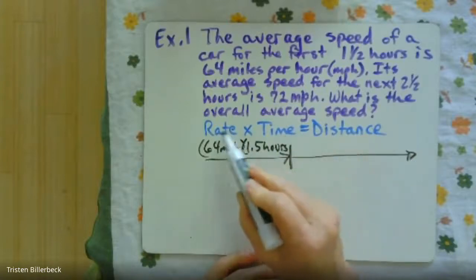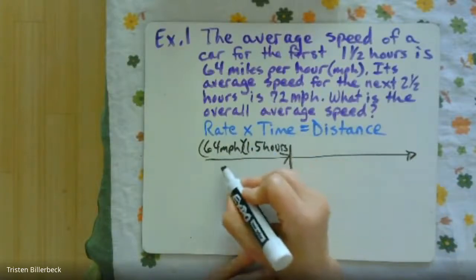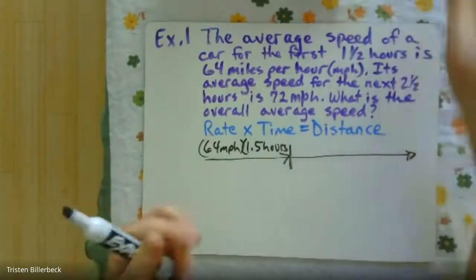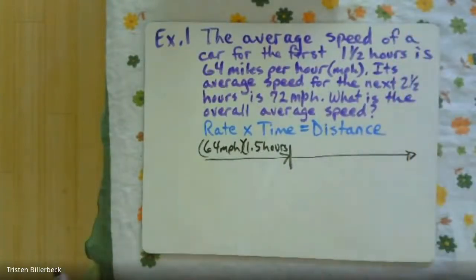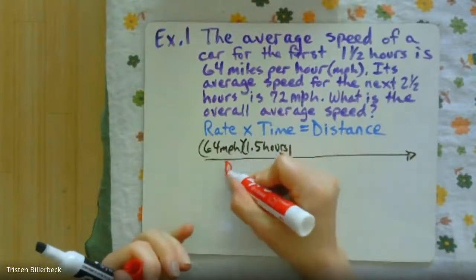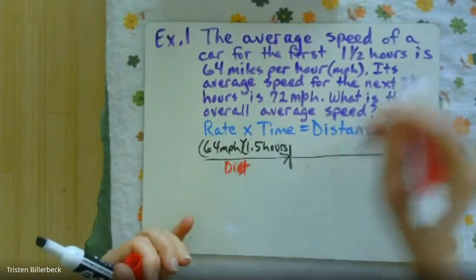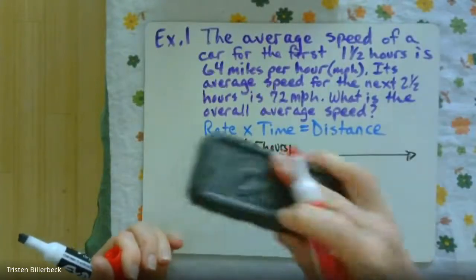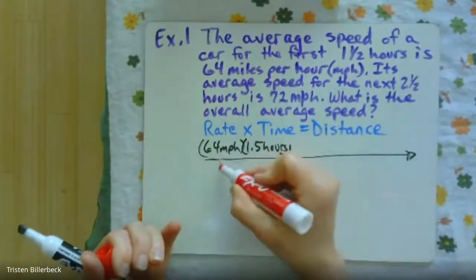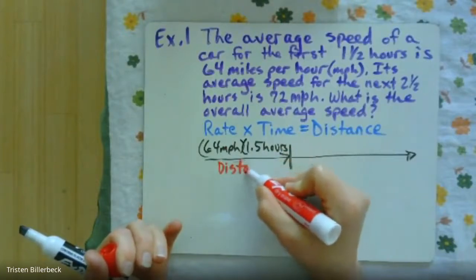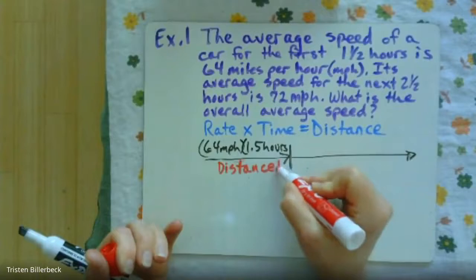So rate times time is distance. This is the distance down below. Oops, I'm misspelling the word distance there. Distance 1.